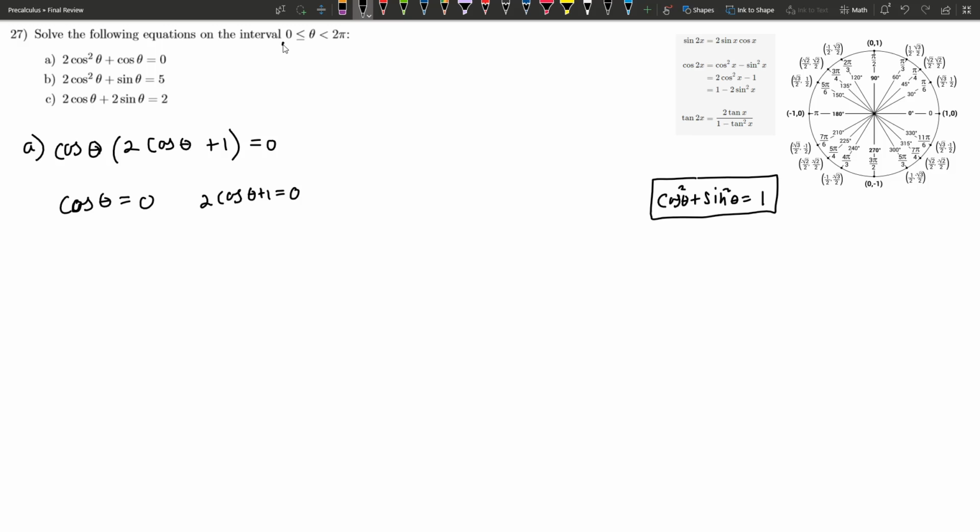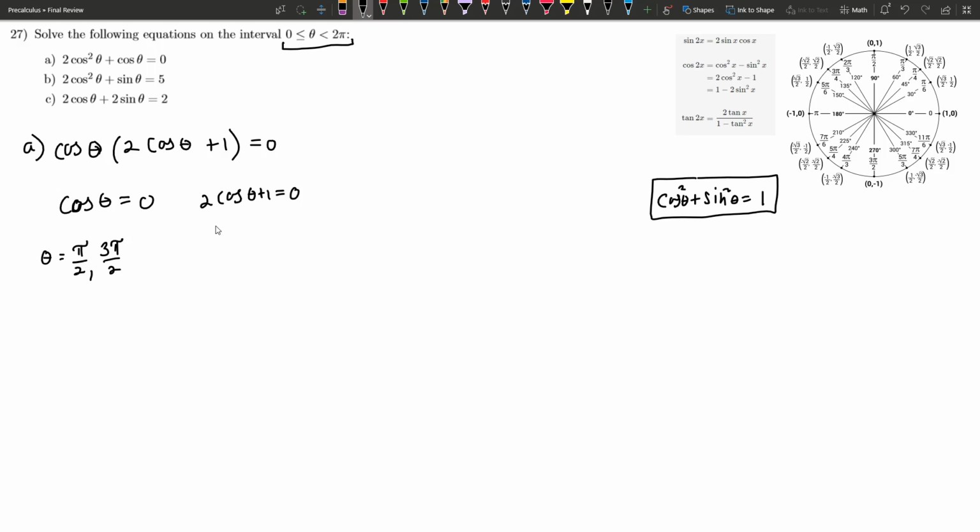And thankfully, we're only focusing on the interval 0 to 2 pi, which this circle encapsulates. So what angle is cosine 0? I see cosine is 0 at pi over 2. So theta could be pi over 2. Where else is it 0? It's 0 at 3 pi over 2. It could also be 3 pi over 2.